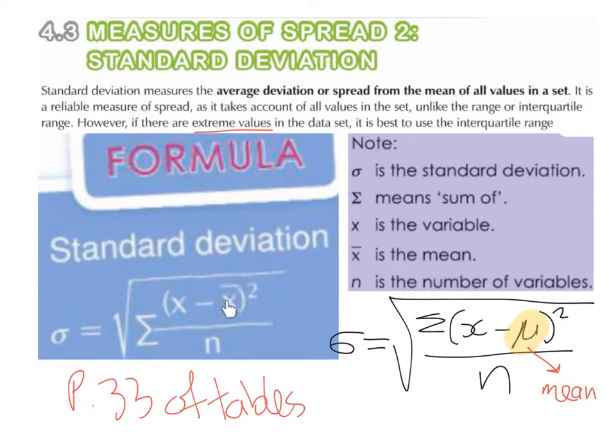And obviously x bar in our formula given in the book represents the mean as well. So it's only a slightly different formula in your formula tables to the book. This is the only thing that's different, but it represents the exact same thing. So standard deviation equals the square root of the sum of the variable minus the mean squared divided by the number or the amount of variables.